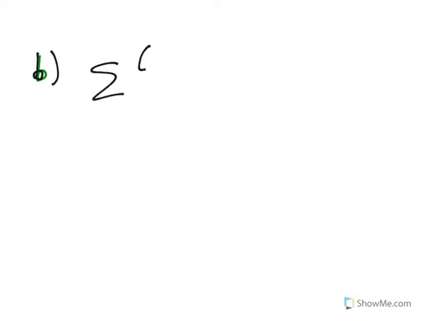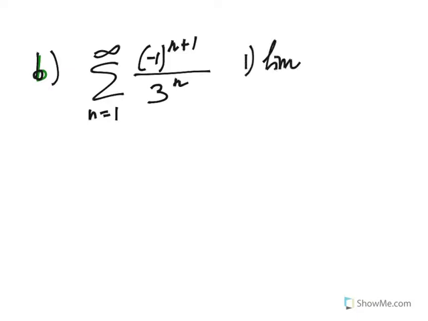And it's -1 to the power of n plus 1 over 3 to the power of n. So let's use the alternating series test and see what happens to this series. So we take the limit, we're doing the nth term test, n approaches infinity, so we ignore this part right here first, and we're doing 1 over 3 to the power of n, which gives us a 0, because as n gets bigger, the whole denominator becomes bigger, and then the fraction becomes smaller.